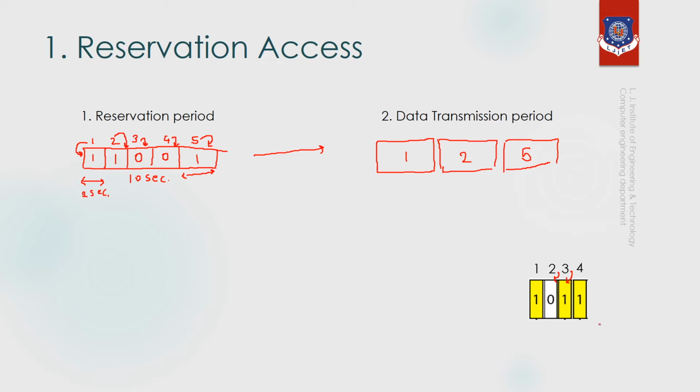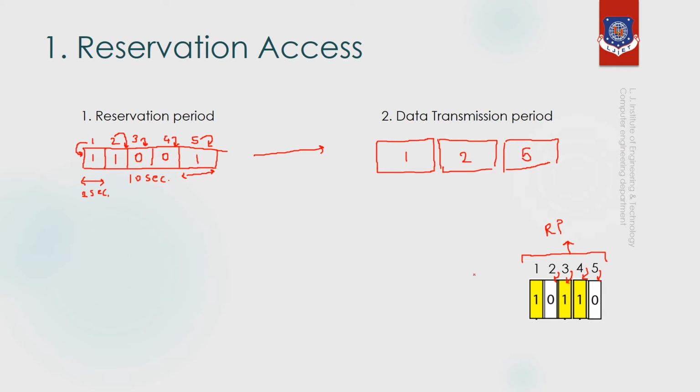Suppose device 4 wants to send data, so it will send 1, and device 5 wants to send no data, so it will send 0. So this duration is called reservation period. So in the reservation period, devices that want to send data have made reservation by sending 1, and devices that don't want to send any data have sent 0, right?